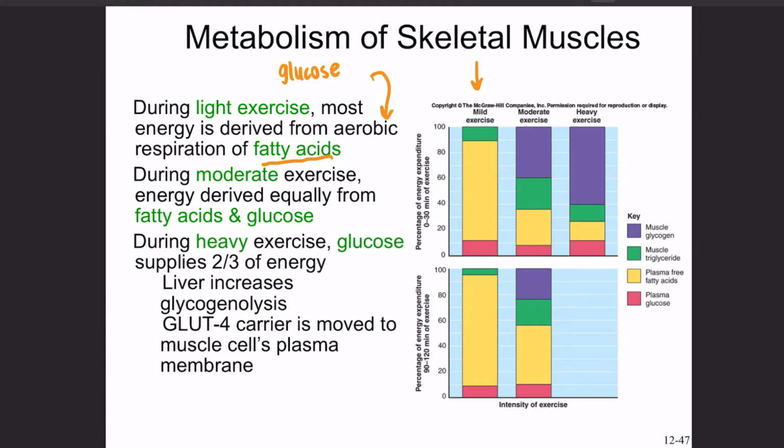Kind of taking the detour, but doing the same thing. So in light exercise, it is more derived from fatty acids, but when you move up into moderate exercise, that kind of pushes up into fatty acids as well as glucose. Notice that our muscle glycogen storage also is responsible for a lot of our energy production too.